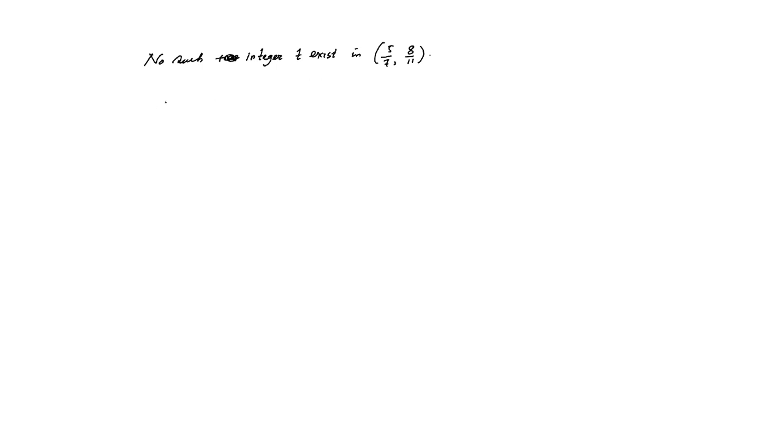So that means hence there is no solution of the equation in positive integer. So thus there is no solution of the equation 7x plus 11y equals to 1 in positive integers.